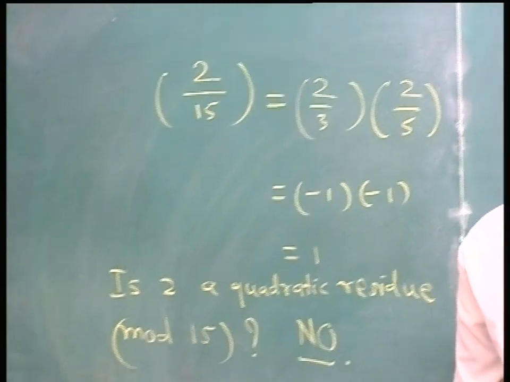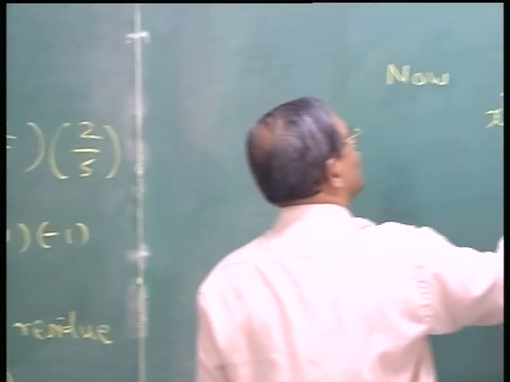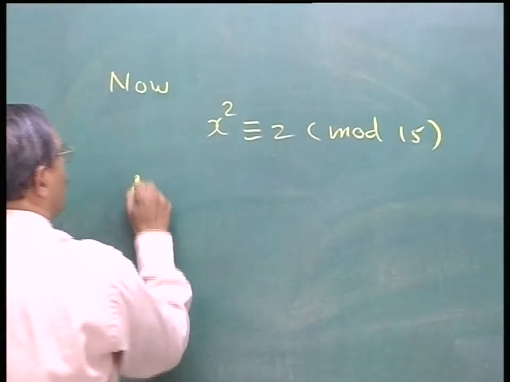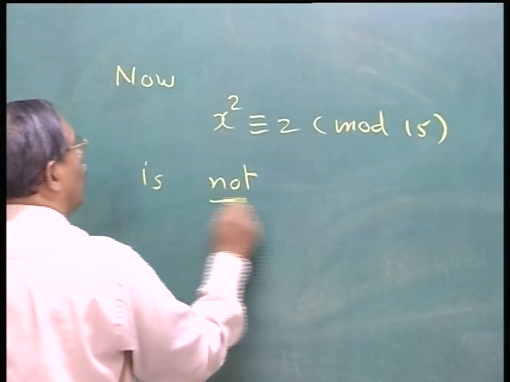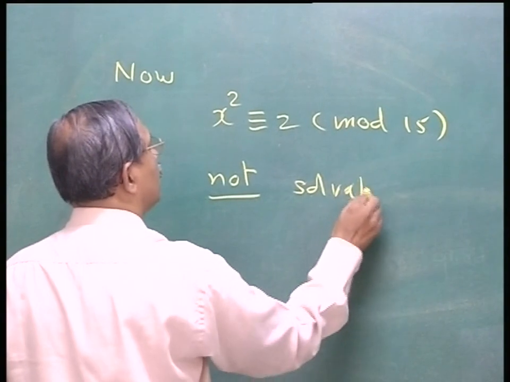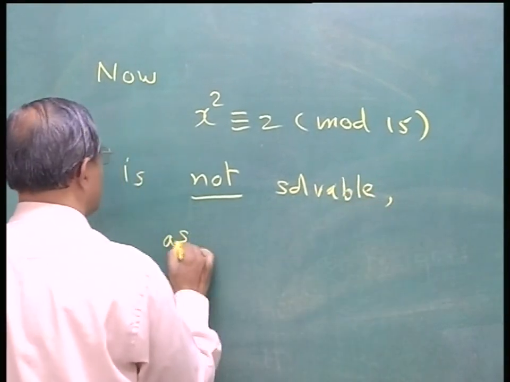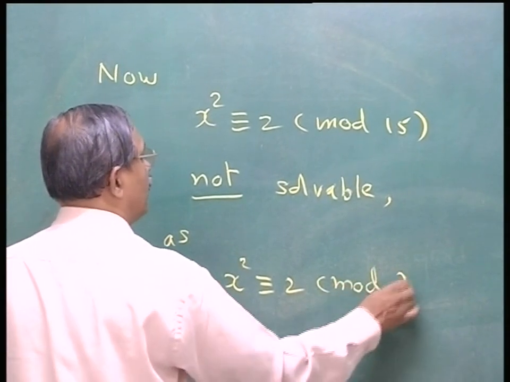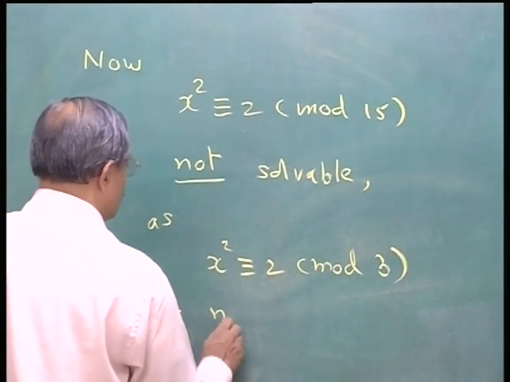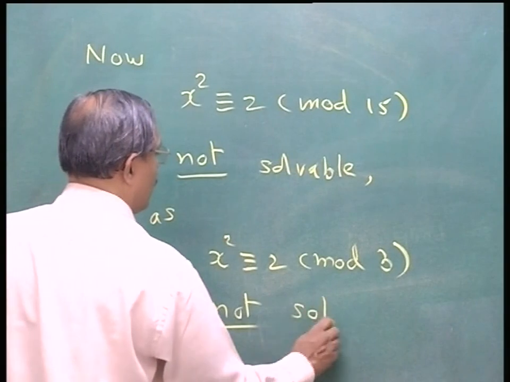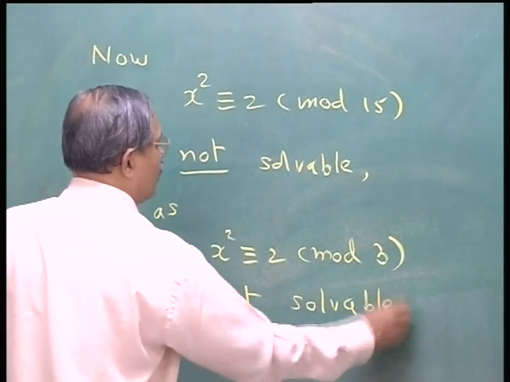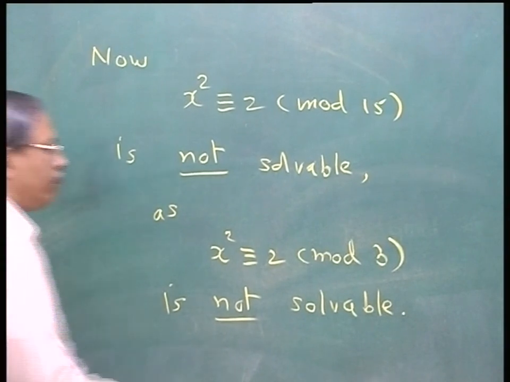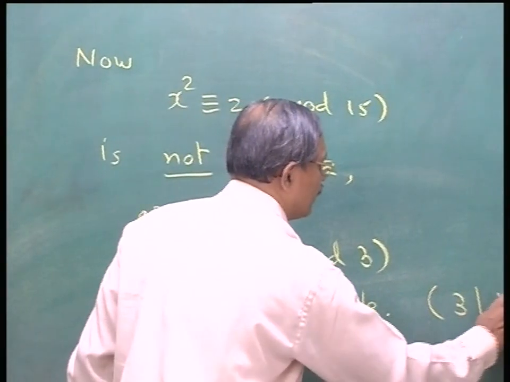Now, x square congruent to 2 mod 15 is not solvable, as x square congruent to 2 mod 3 is not solvable. 3 is a factor of 15.